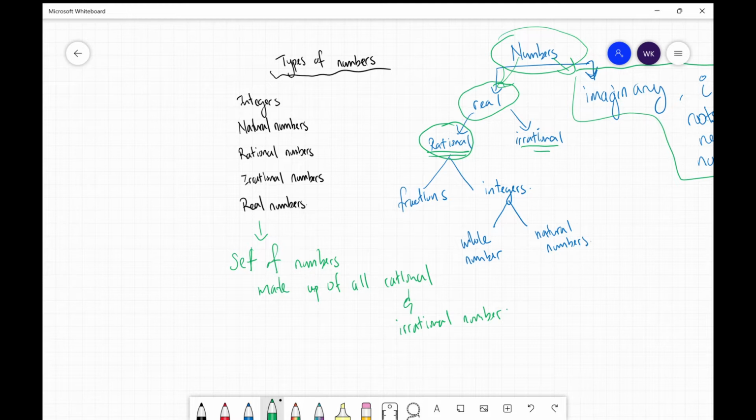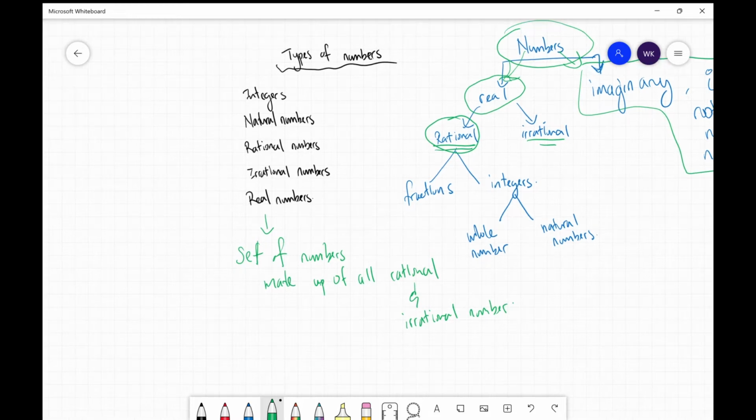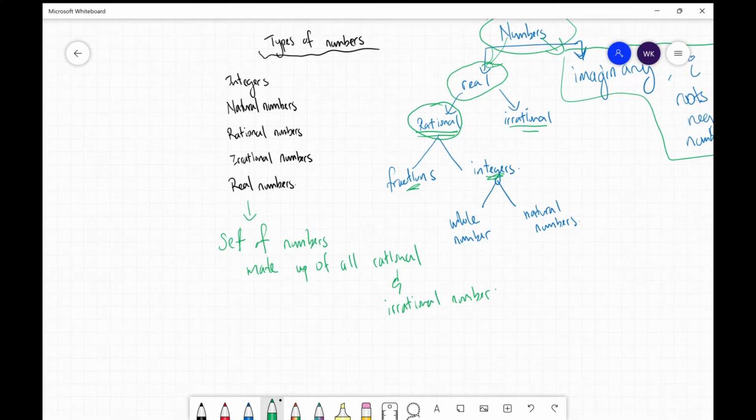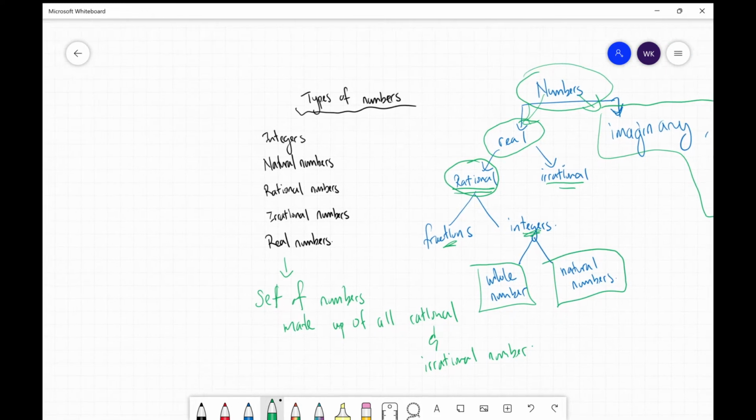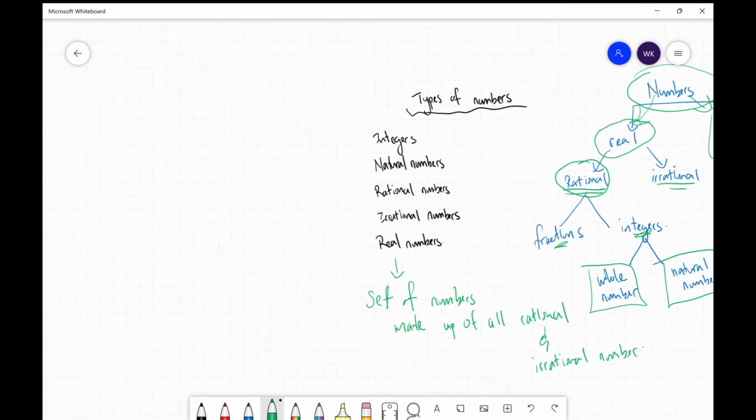If you see this flow, it consists of fractions and integers. And then integers have a subcategory that's called the whole number and natural number, right? Let's have a look at what is the definition of integers.